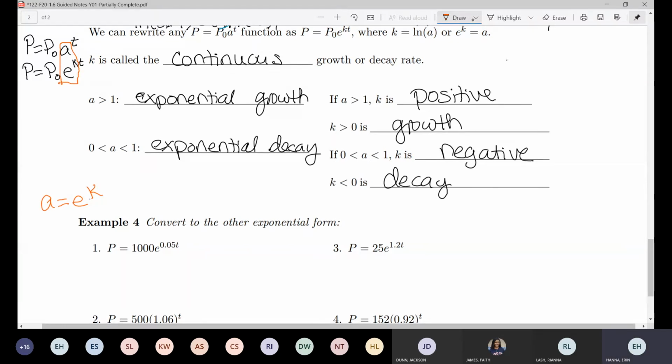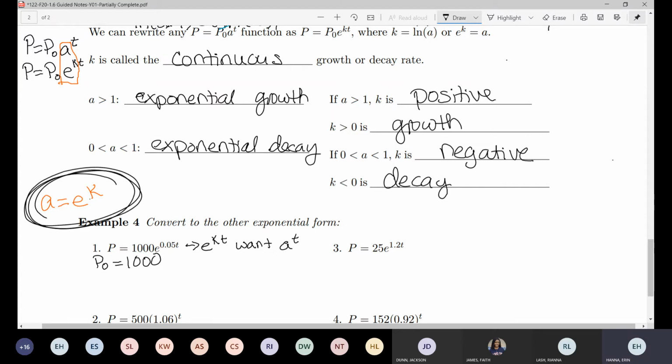As I just said, the P naught doesn't change, right? It doesn't matter which equation I'm looking at, the P naught's still P naught. So for our new equation, the P naught's still going to be 1000. So we essentially have an e to the kt, and we want an a to the t. Well, P naught is just P naught, and then I'm going to use this relationship.